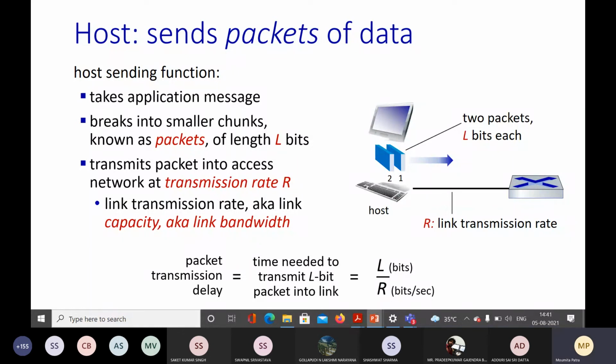Now, what is the delay that will be incurred to transmit this L bit packet?